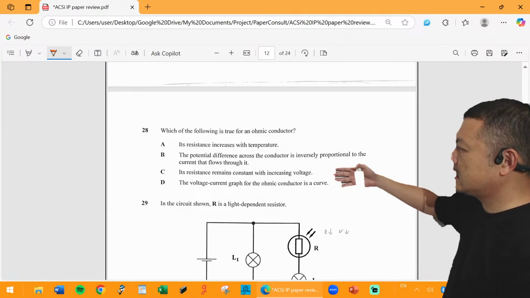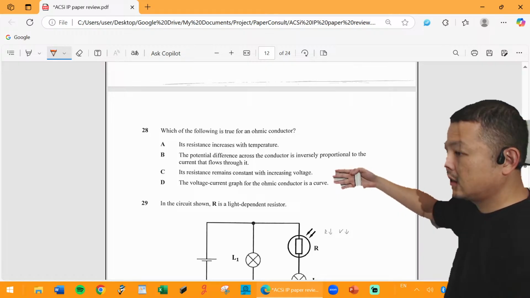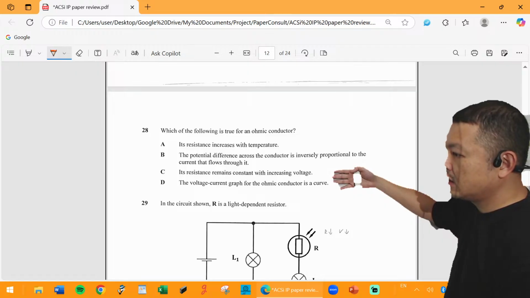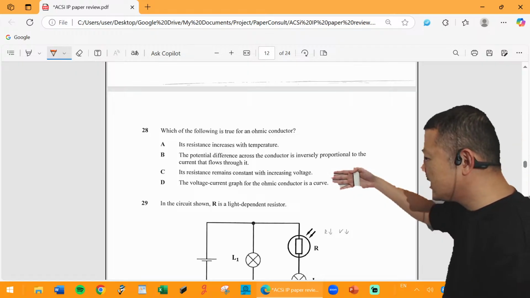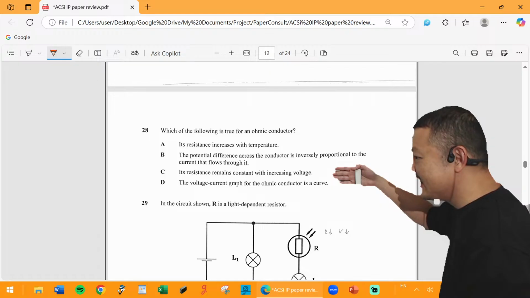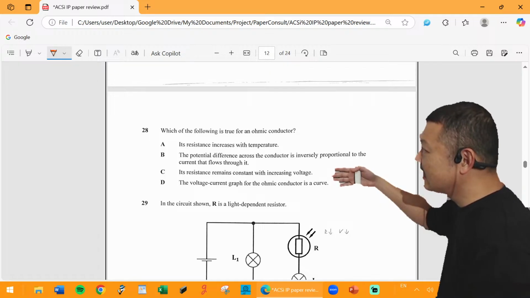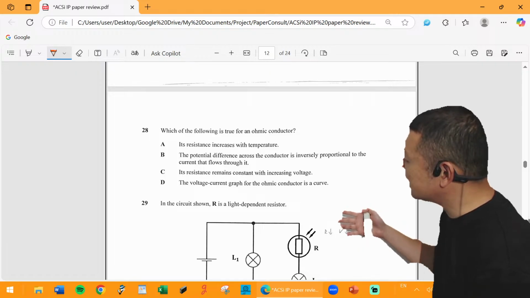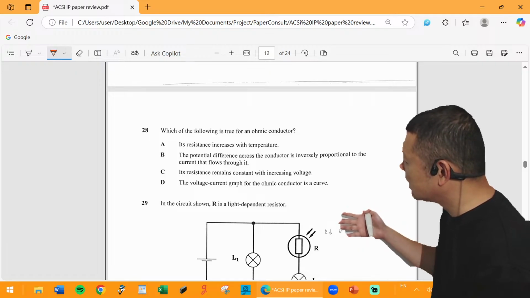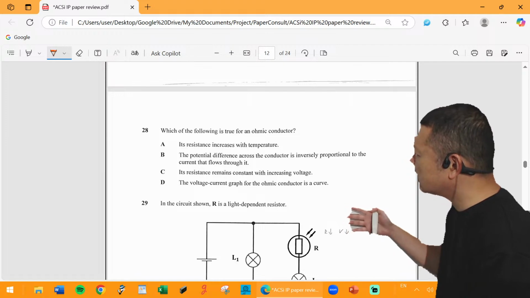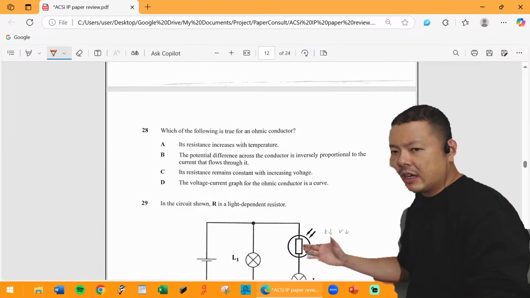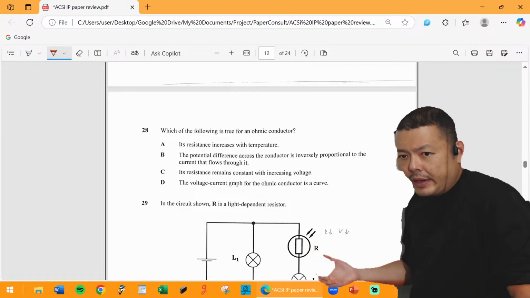Hey, answer. Wait, who said A? The answer is A? Wait. No. Ohmic should not increase in temperature. That's what makes it ohmic.